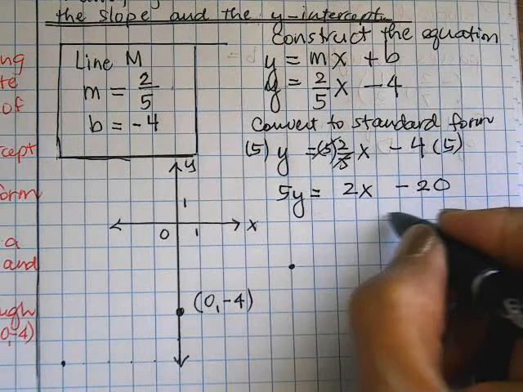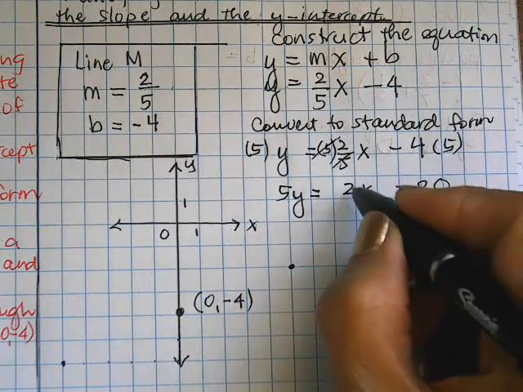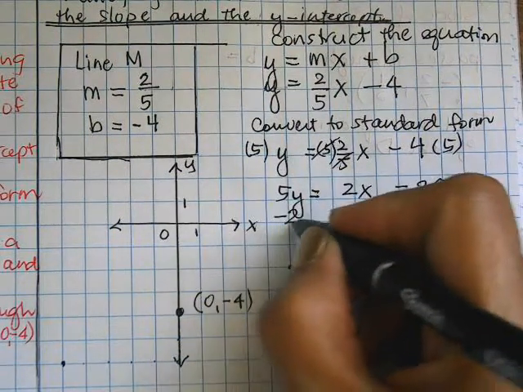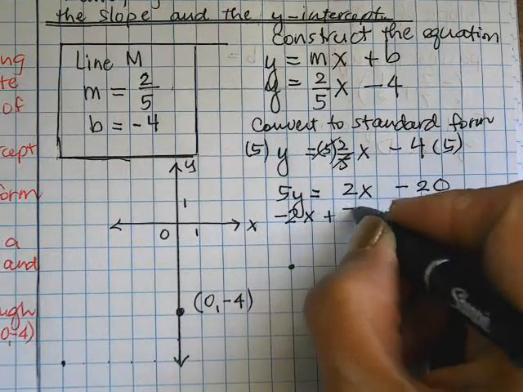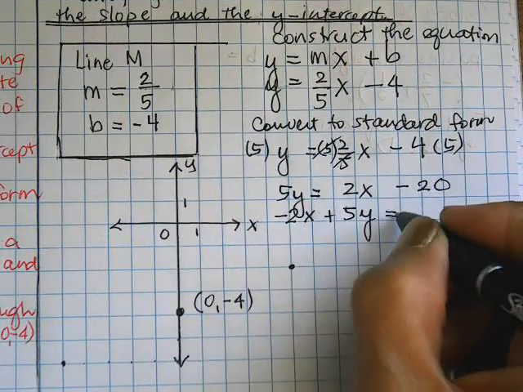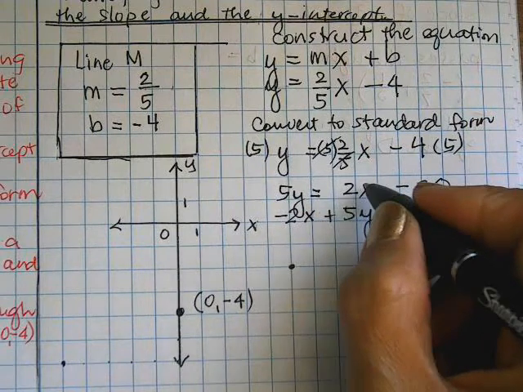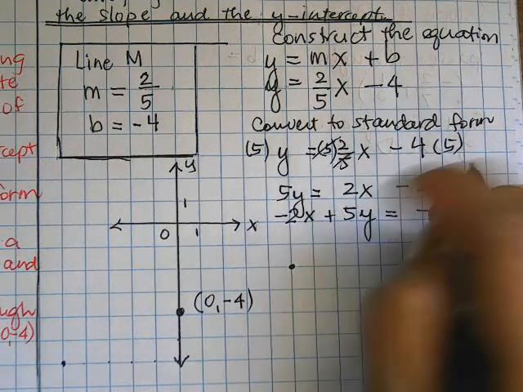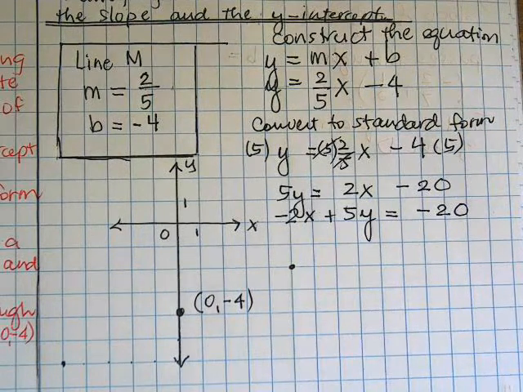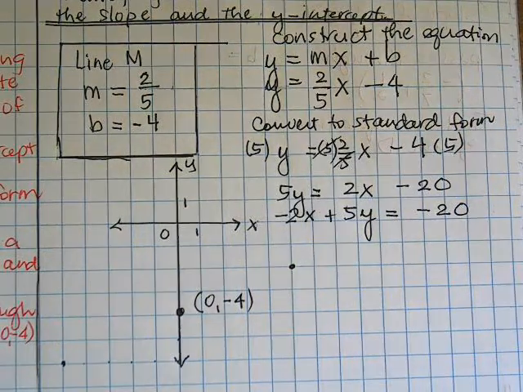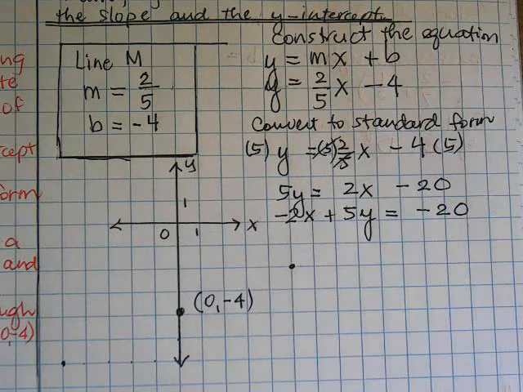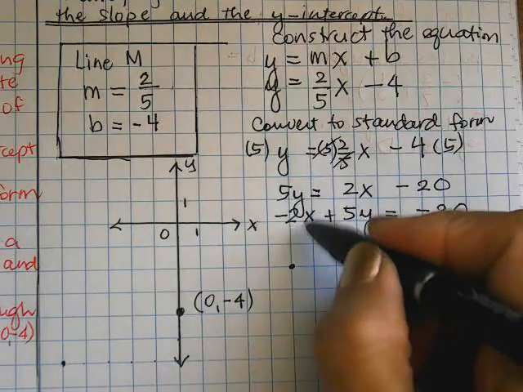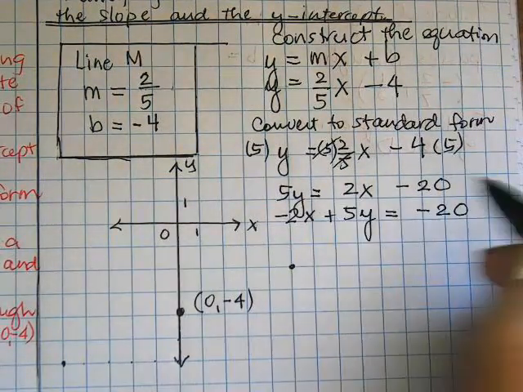So I'm going to move my equal sign. When you go to the other side of the equal sign, you change from positive to negative. Negative 20 is in standby, 5y is in standby. This is still not in standard form because they want the coefficient of x to be positive.